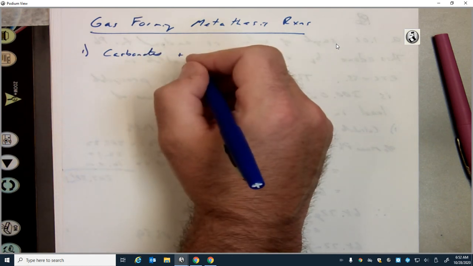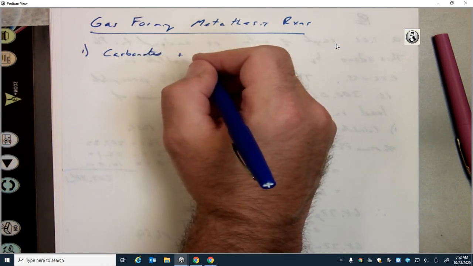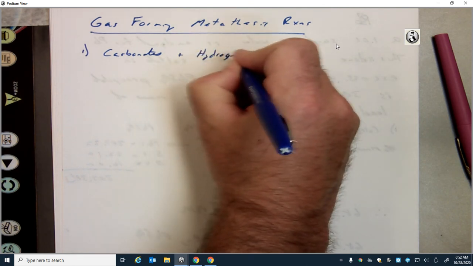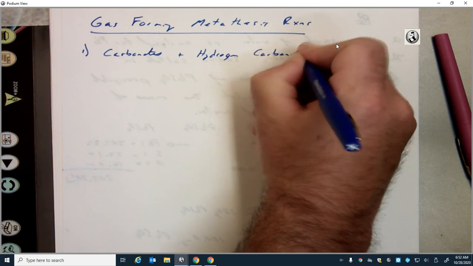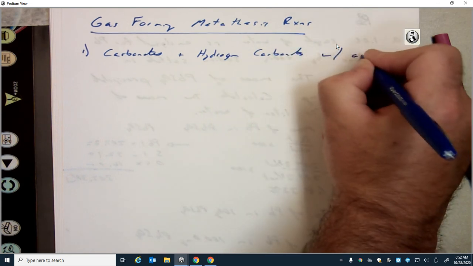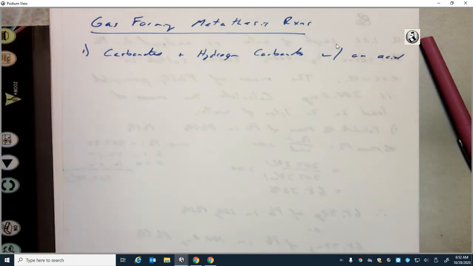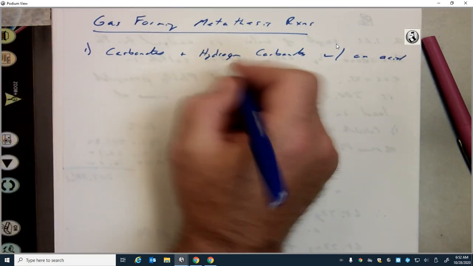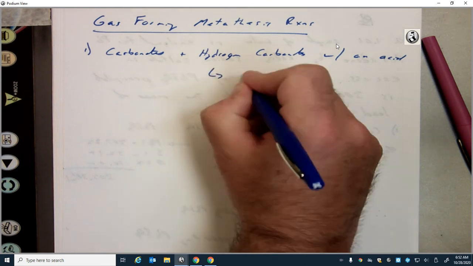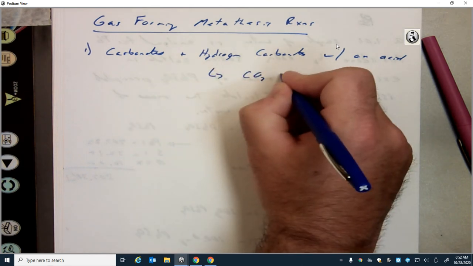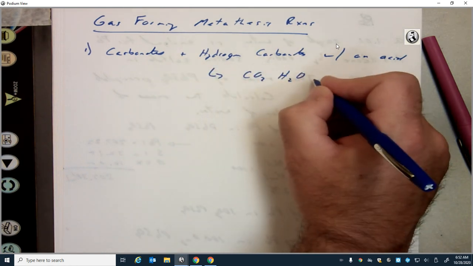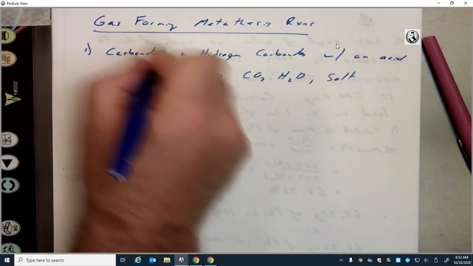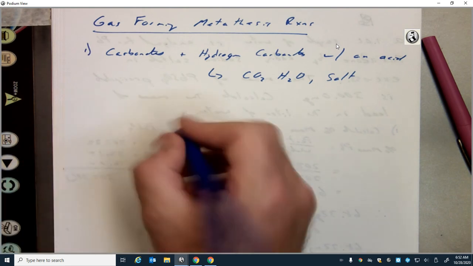Carbonates and hydrogen carbonates with an acid. Okay, so these always are going to produce CO2, H2O, and a salt. Okay, so we already talked about that. We've actually done an example with carbonate, I think.